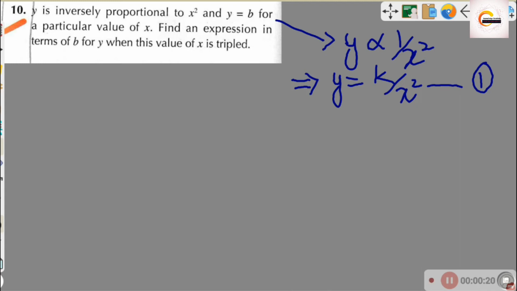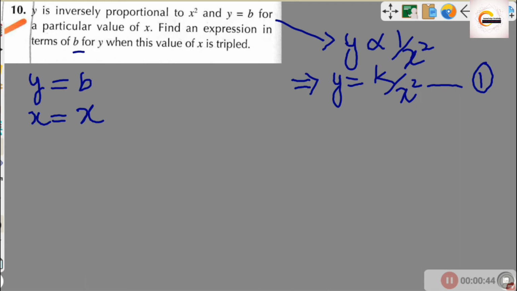And y is equal to b for a particular value of x, the value of x is x. Find an expression in terms of b for y when this value of x is tripled.